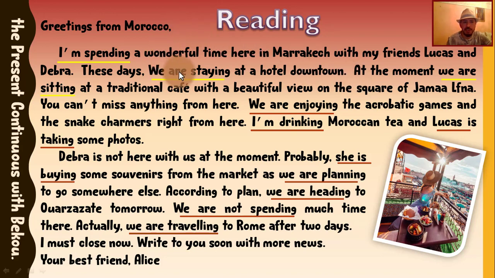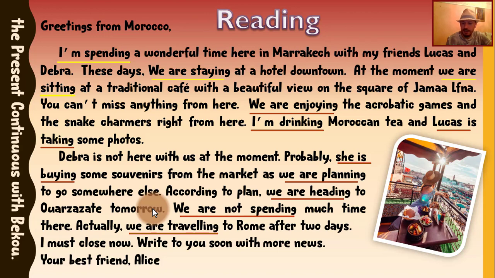So we have time expressions like these days, at the moment, and also the expression tomorrow. Normally we use tomorrow to talk about the future, but bear in mind that we also use the present continuous to talk about the future. Why is that? We're going to see that later on.